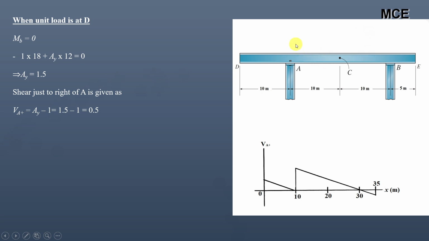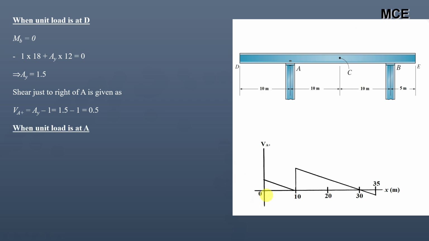If we cut a section just to the right of A, the forces on this portion DA will be the unit load in the downward direction and the vertical reaction in the upward direction. So shear just to the right of A is AY minus 1, which is 0.5. It means the ordinate at 0 meter is 0.5.